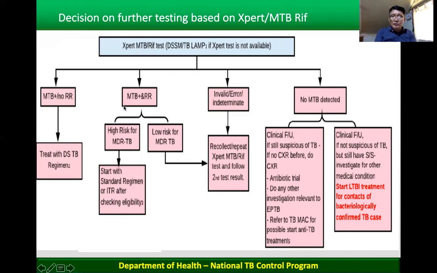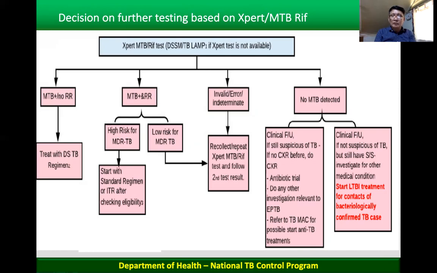Now, there are also patients diagnosed with MTB-RR, but when you assess their risk for MDR-TB, it's low because they are a new patient with no contact of MDR-TB, so they are considered as new.